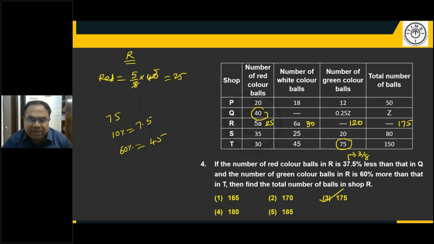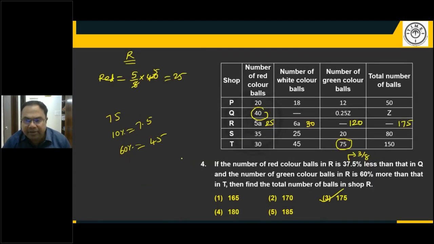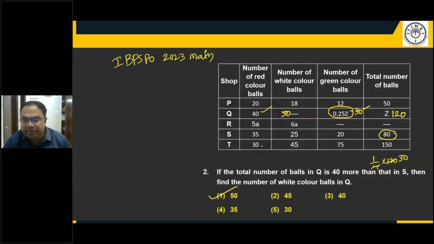Praful has some doubt in the second question. Okay, Praful, tell me, what is the question? Aisha, what's the answer we got? 175, no? 175, Aisha. Yes, Praful, tell me.